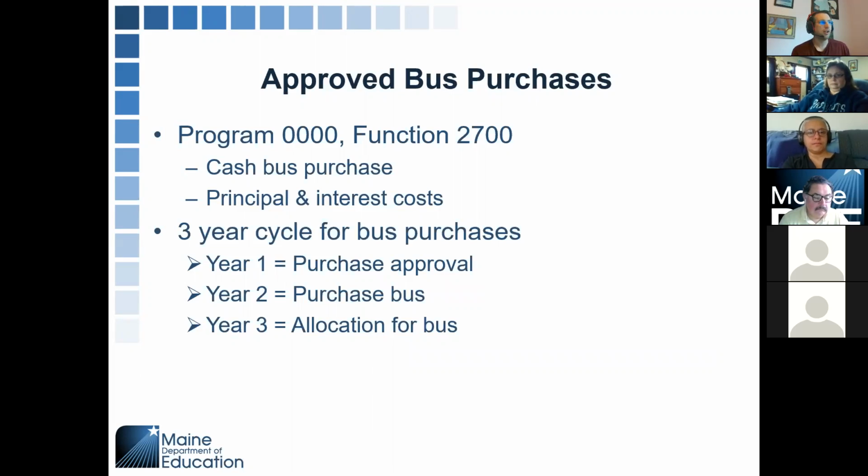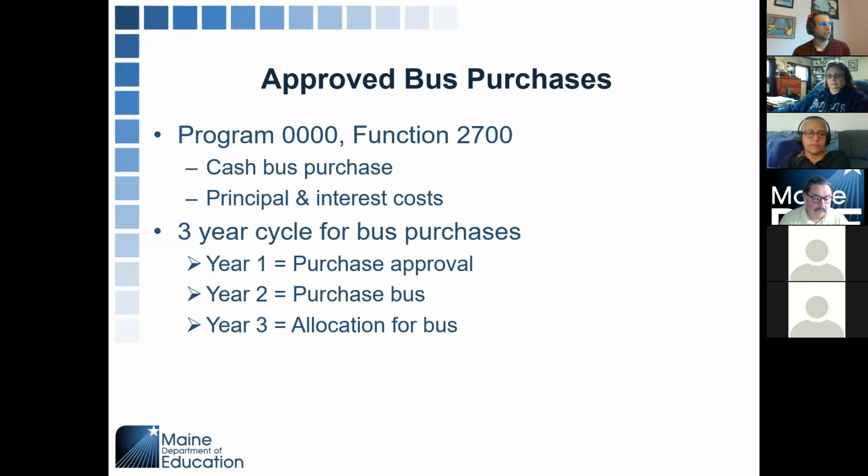Any of those buses, it's overhead, it's function 2700, and then there's a particular object code if you buy that bus outright in the first year, and then there are two other object codes if you make those payments over a period of, generally, 3 to 5 years.